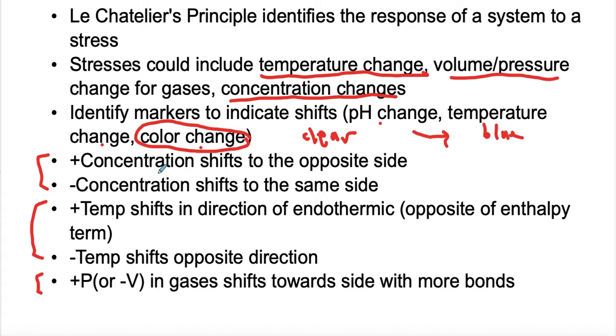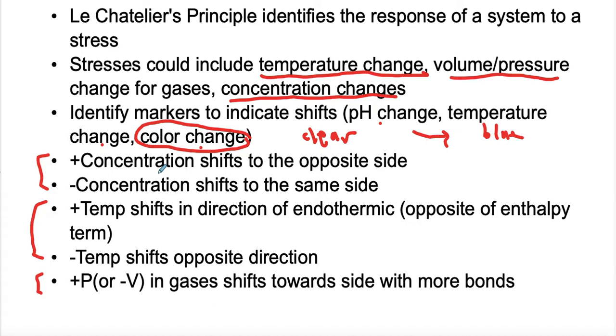If you add A, then you actually increase more products, and your shift goes the other way. Taking away a chemical, and you can do that by maybe reacting and precipitating it, shifts it to the same side, so pulls it back. If you take away A, you actually produce more A, and you get a shift back.